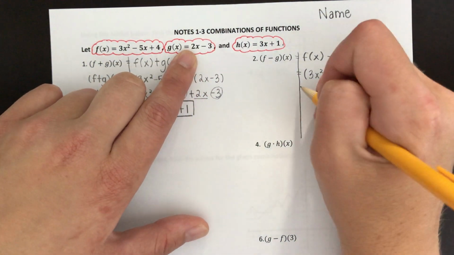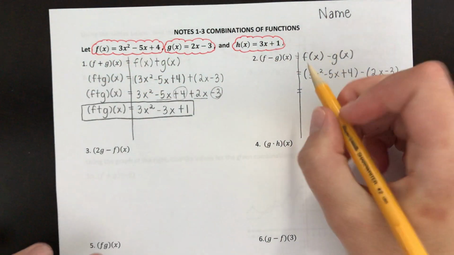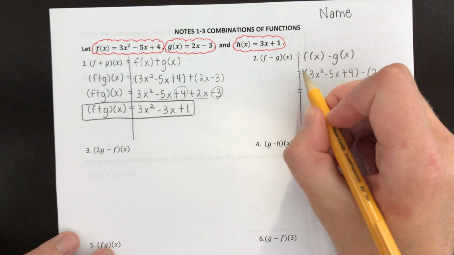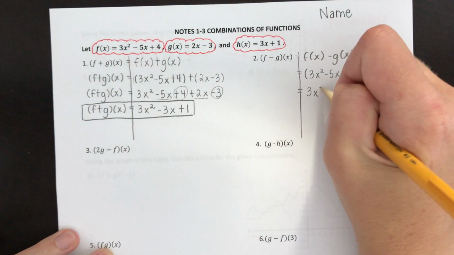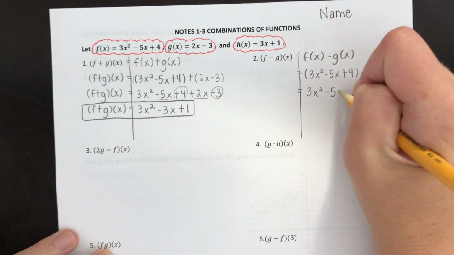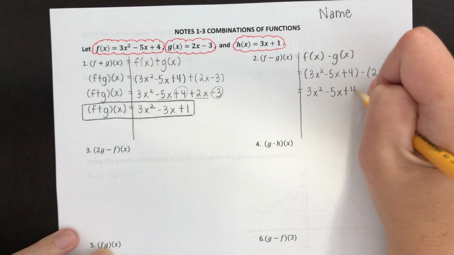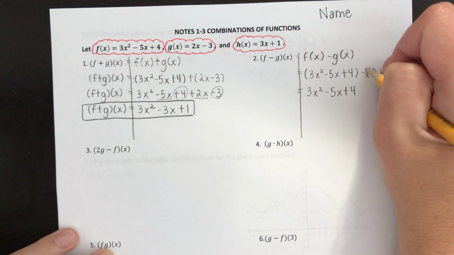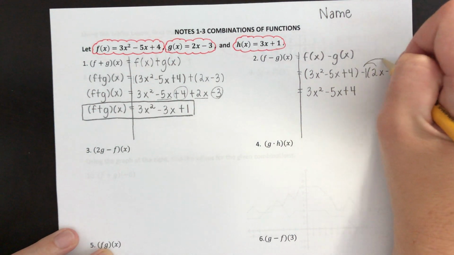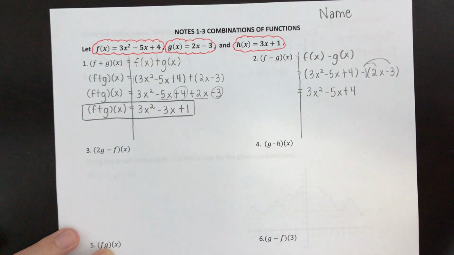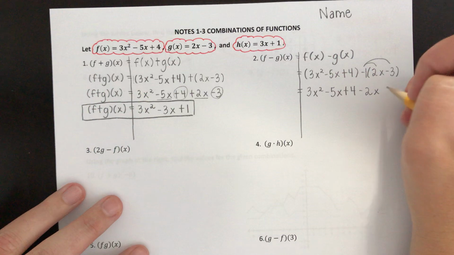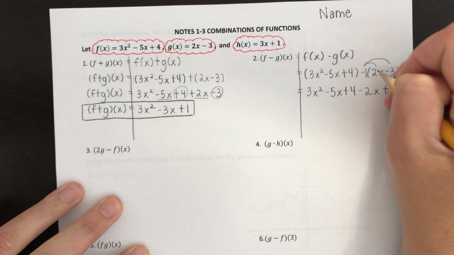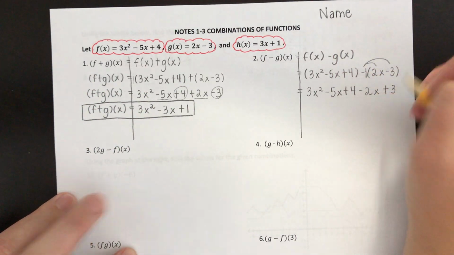Again, notice everywhere I plugged in I used parentheses. Here you'll notice that I have this implied positive 1, and again when distributed it doesn't change any values or signs. Okay, however, right here this implied negative 1 will change the sign on both terms in this parentheses. So this will become negative 2x and this will become positive 3. When you multiply by that negative 1, both signs change.